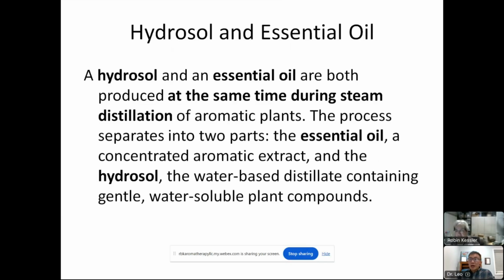That's why you don't see all kinds of essential oil. The process makes the products in two parts. One is the essential oil, a pure concentrated aromatic extract, and the hydrosol is a water-based distillate. It contains the gentle, water-soluble compounds.